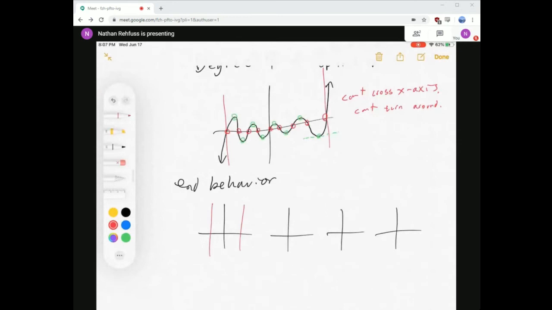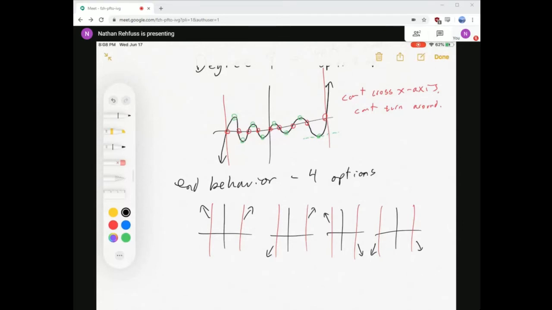The local can be any kind of ridiculous twists and turns, but once you're out in the end, they could go both up. They could go one up and one down, 2 different ways you could do that, of course, left or right. Or they could go both down. These are the 4 polynomial end behaviors. There are only 4 options.